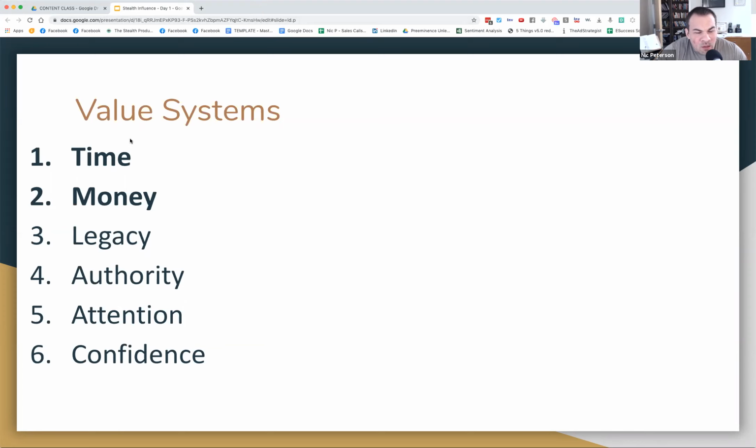Most B2B are super consumed with ROI, selling ROI. People don't buy ROI. Some people are super bullish about selling time. Not everybody buys time. Right? There's legacy, authority, attention, confidence. There are so many different currencies, and I'll show you how to cycle through them.